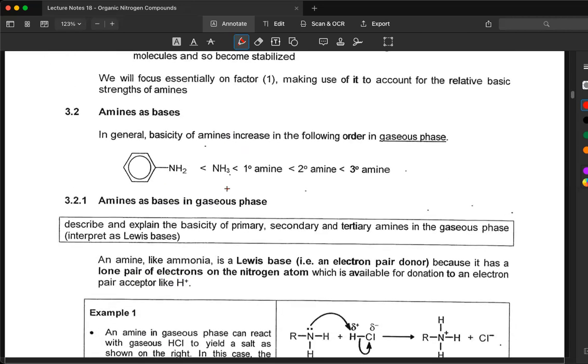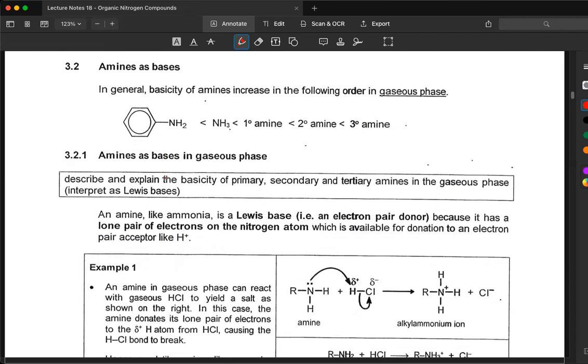So in general, basicity of amines increases in this order in gaseous phase. The more substituents the amine has, the more basic it is. So the tertiary amine is the most basic, followed by secondary, primary, ammonia, and phenylamine.